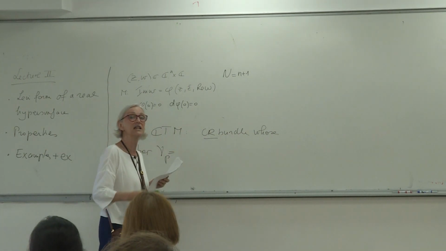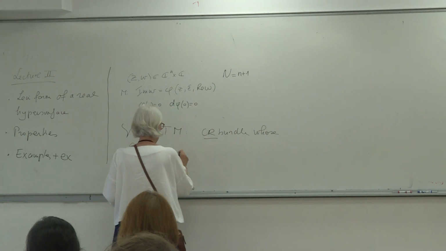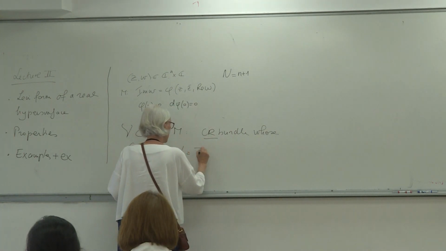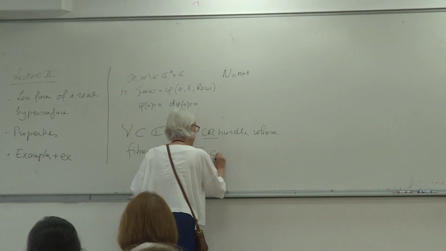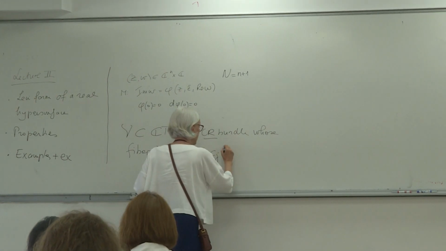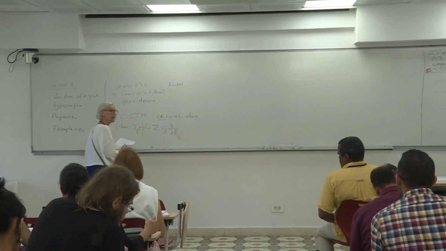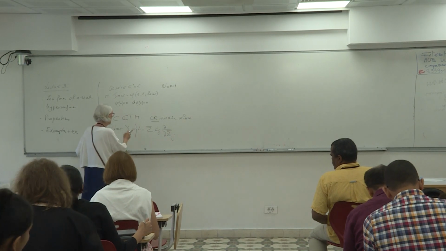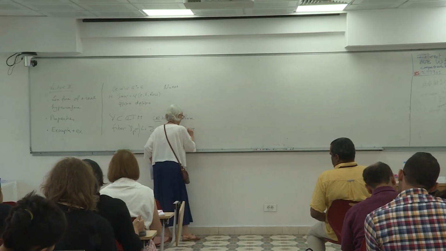The anti-holomorphic vector fields, that is, the set of L of the form sum c_j d/dz_j bar. Okay?